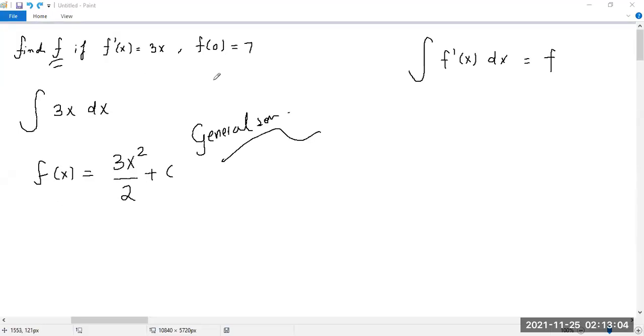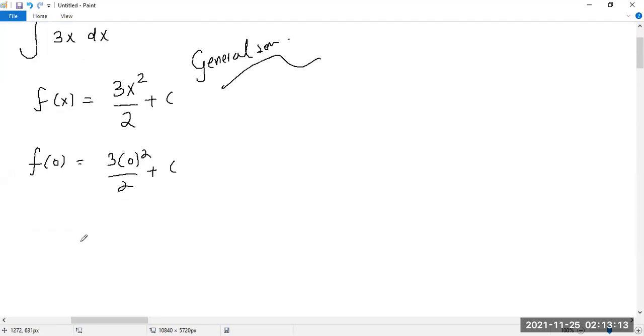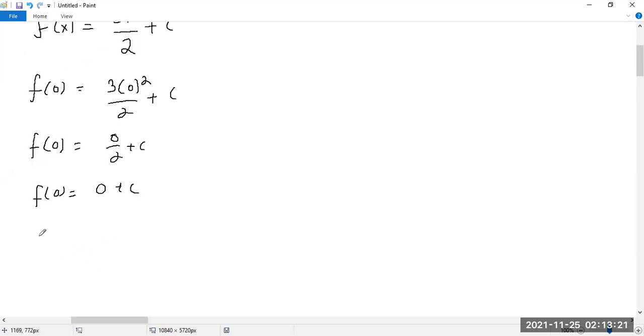So how we do that is we plug this number into the function, right? So we do f of 0, and we get 3 times 0 squared over 2 plus c. F of 0 equals 0 over 2 plus c. F of 0 equals 0 plus c. So that means f of 0 equals c.